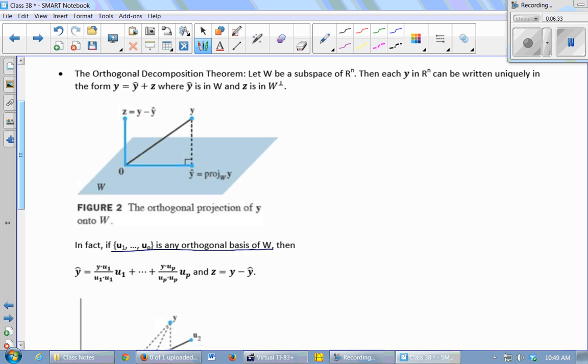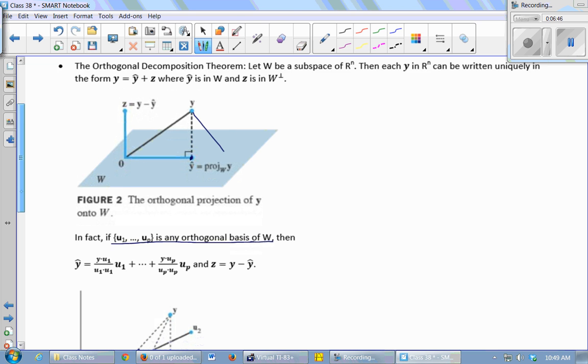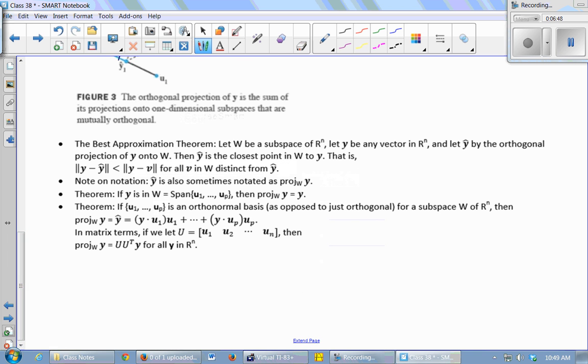It's not in W. So y hat is the closest point of all the points in W. y hat is the closest you can get to y. Any other point, the length would be longer. Okay. So it's called the best approximation. y hat is the best approximation of y. If you had to choose something from W, the closest thing to y is y hat. So this just says the length from y to y hat is always smaller than the length from y to v for any other v in the space.